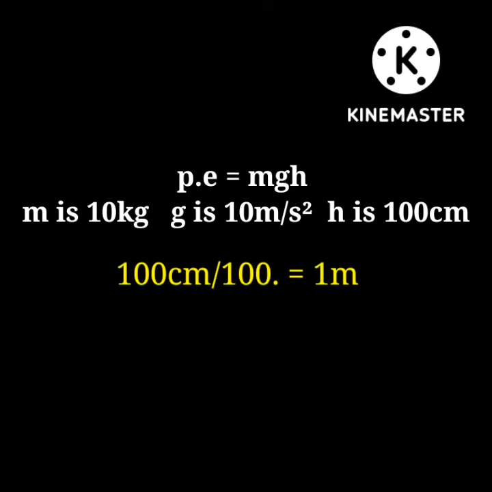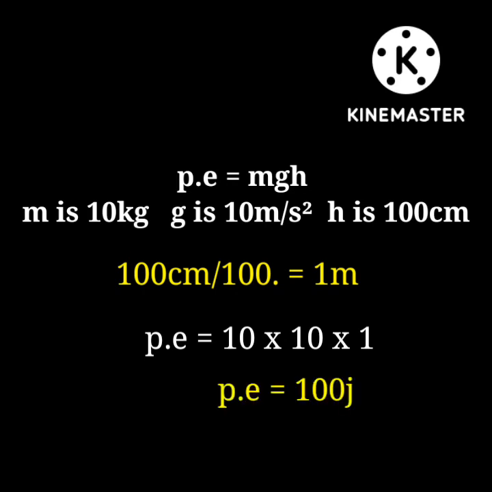Therefore, 100 centimeter divided by 100, so we have 1 meter. Now, our PE equals mgh as the formula. Infusing the numbers, I have PE equals 10 times 10 times 1. And when we multiply all values together, I have 100 joules as my potential energy.